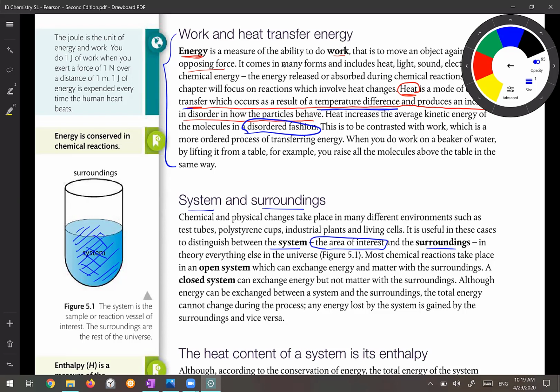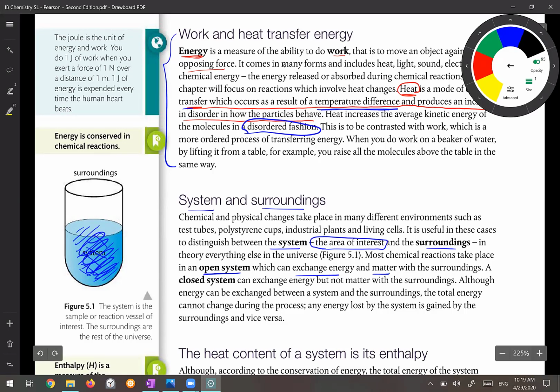So based on this definition, we can have different systems. The first systems are open systems. In open systems, they can exchange energy and matter. So what does it mean they can exchange energy? Suppose a chemical reaction happens inside this test tube, and the reaction is exothermic.